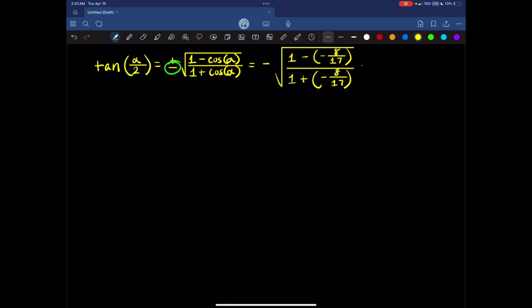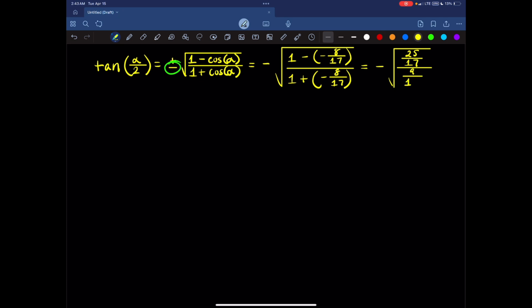And we can say this is equal to negative the numerator, 17 over 17 minus a negative 8 over 17. That's going to be 25 over 17. And then this is all over 1 plus negative 8 over 17. That's 17 over 17 minus 8 over 17. That would be 9 over 17.